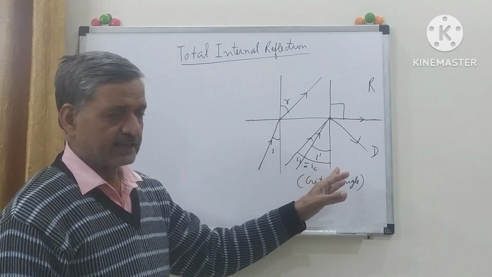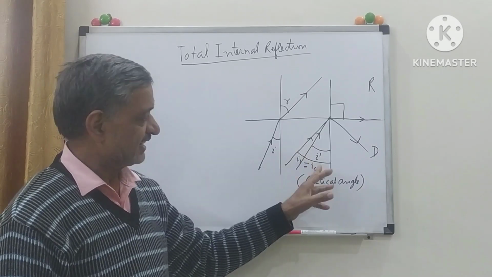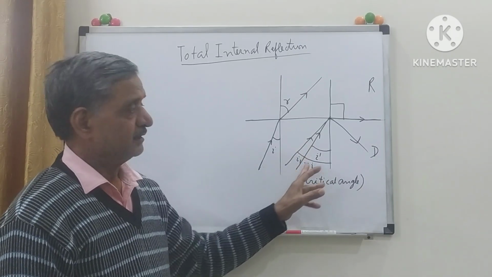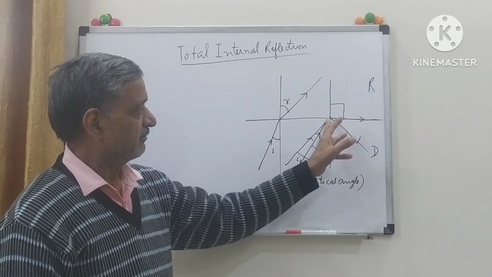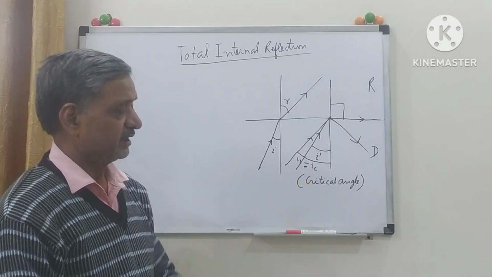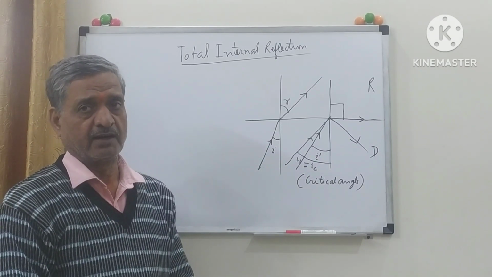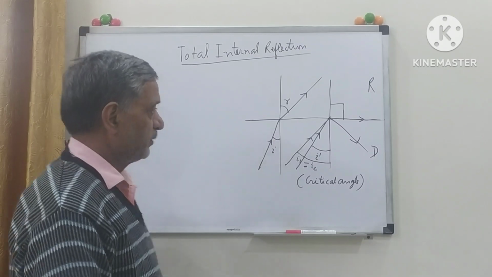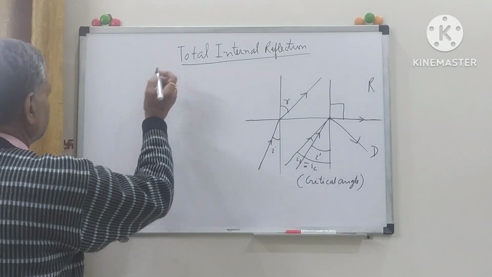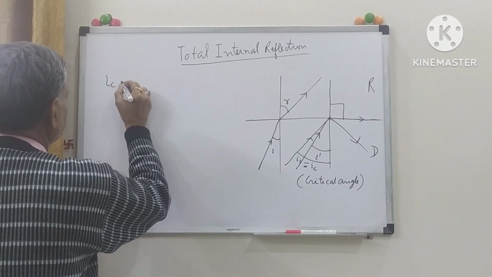This means that if the angle of incidence in denser medium is greater than the critical angle, then the ray will be reflected in the same medium. That is why this phenomenon is known as total internal reflection. Alright? So now we have two things. First, critical angle, I C. Critical angle is what?